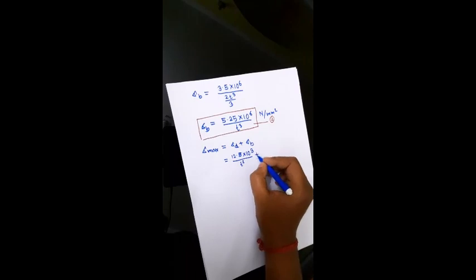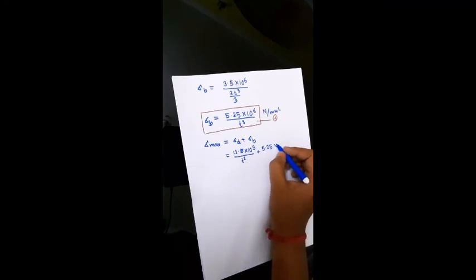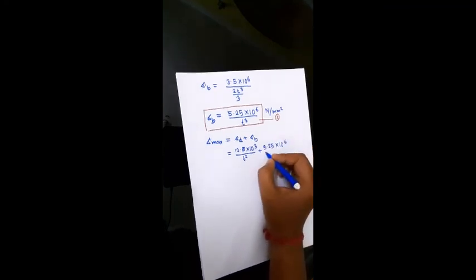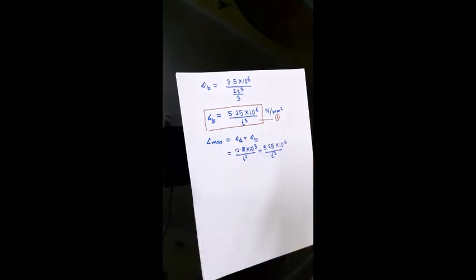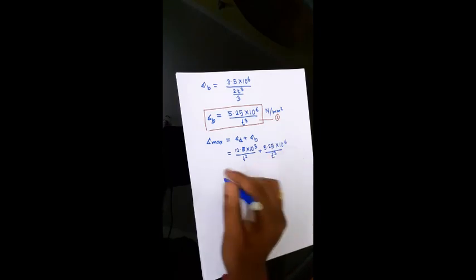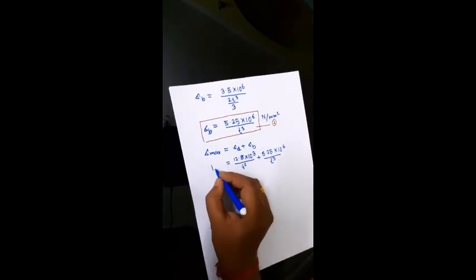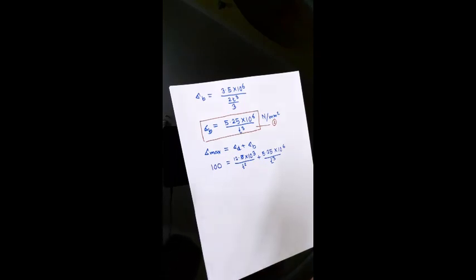This is your sigma d value, and 5.25 into 10 to the power 6 by t cube is your value of sigma b. These two values will be equal to the maximum allowable value, that is 100 megapascal, and megapascal is similar to Newton per millimeter square.